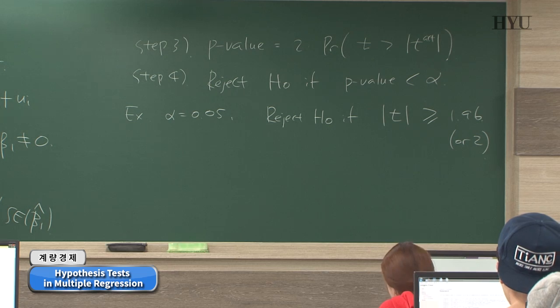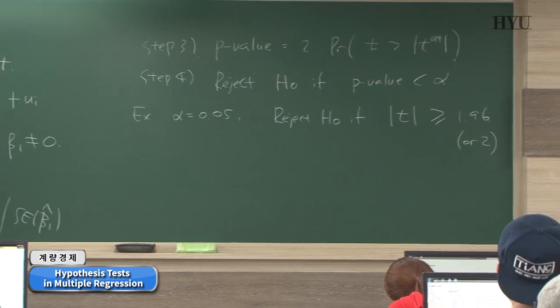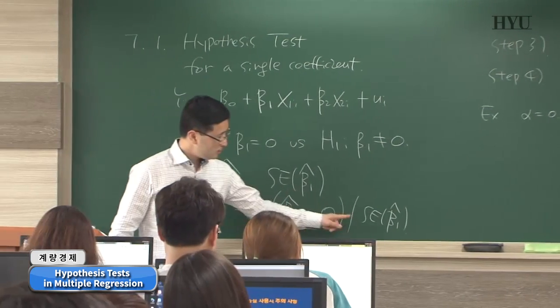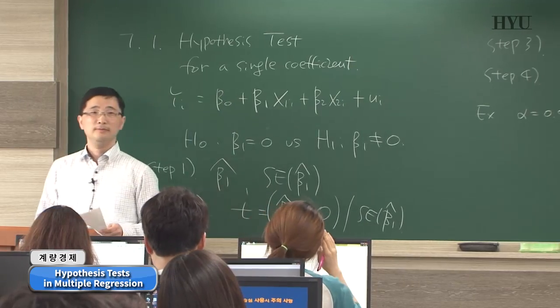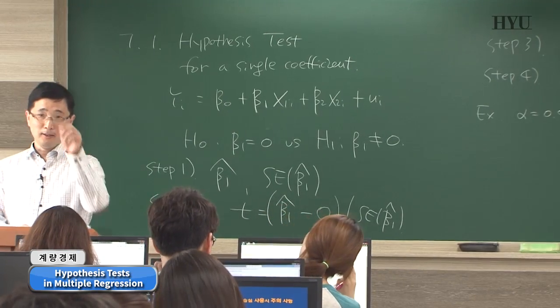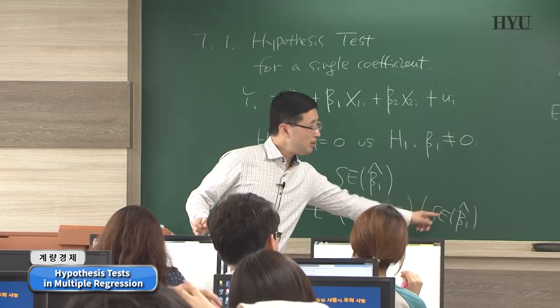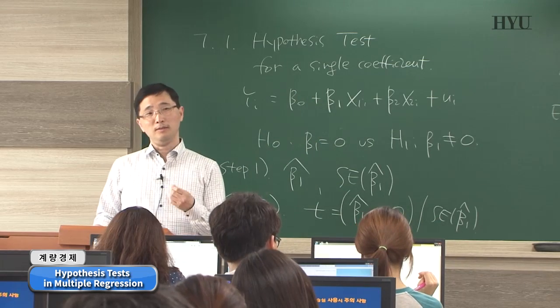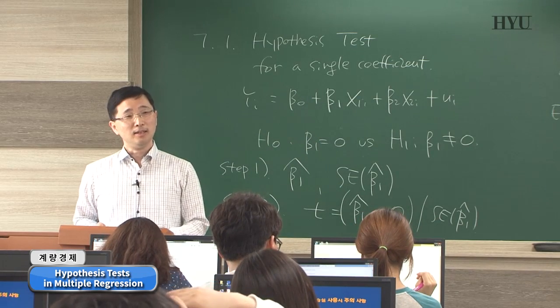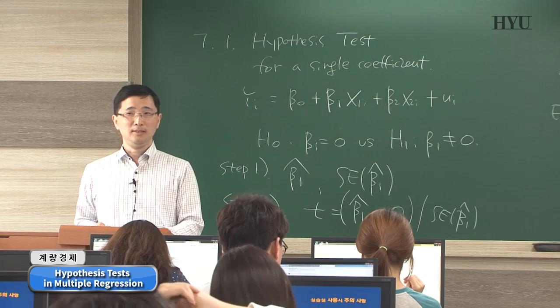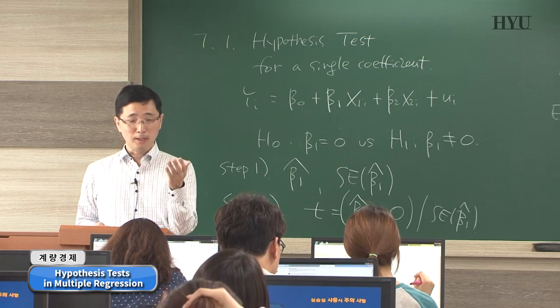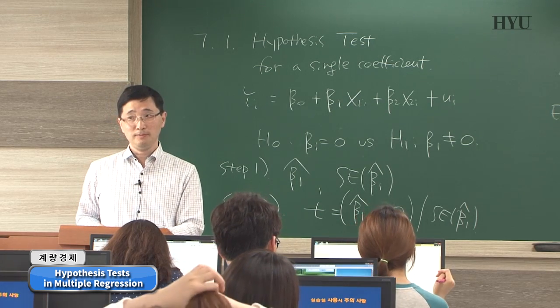So essentially, we are comparing the size of beta 1 hat against its standard error. Standard error is the variability of beta 1 hat. What is the beta 1 hat if I have another sample? Is it going to be very different from the beta 1 hat from my sample?